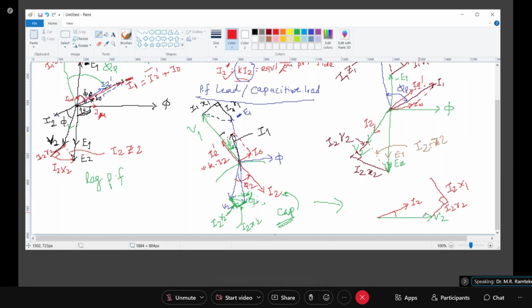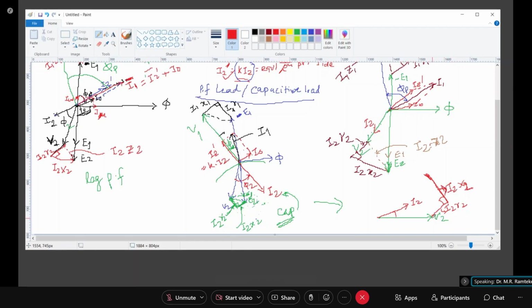Clear? This is the I2 R2 drop. This is I2. I'm sorry, I made a mistake. If you make a mistake, you will get 0. So I2 X2, this is there.